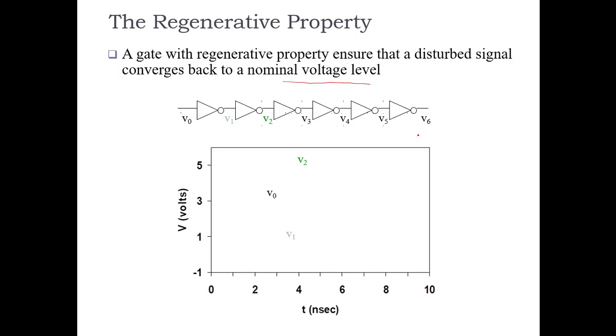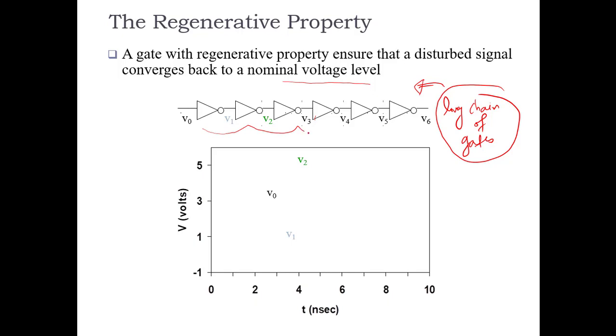So what this means is that if you have a long chain of interconnected gates, over time the signal that propagates becomes weaker.